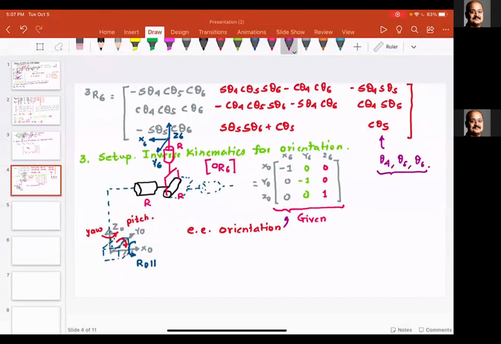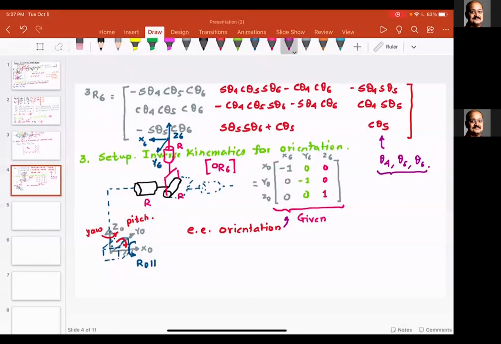Everyone understood the problem that I'm trying to solve? A particular wrist orientation is given, and I need to find the values of theta 4, theta 5, and theta 6.